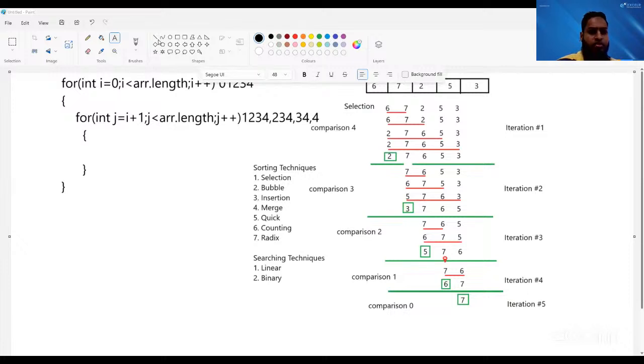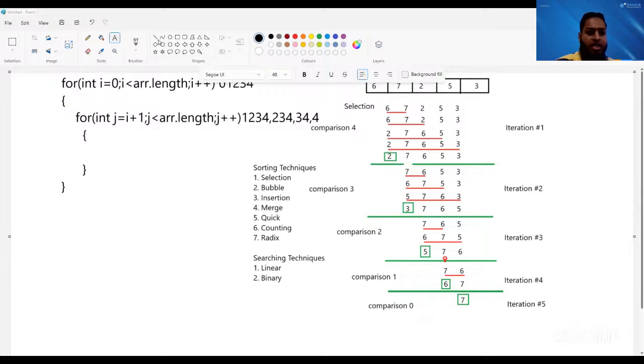So what we do in bubble sort is, 6 compares with 7. Is it greater? Yes or no? No. So no shuffling, no swapping, right? And now this is where the difference lies. 7 will now compare with 2.